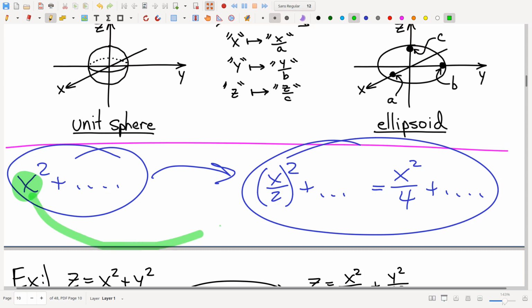So this is an example of replacing x with x over 2. It's not about how it typographically lays on the page. It's about everything that had happened to x now has to happen to all of what you replace it with. And so this is actually a stretch by a factor of 2 in the x direction, not a stretch by a factor of 4. Everybody good with that?